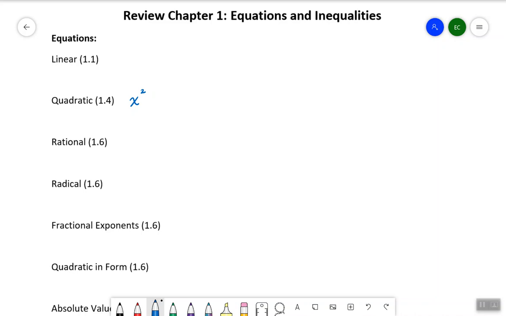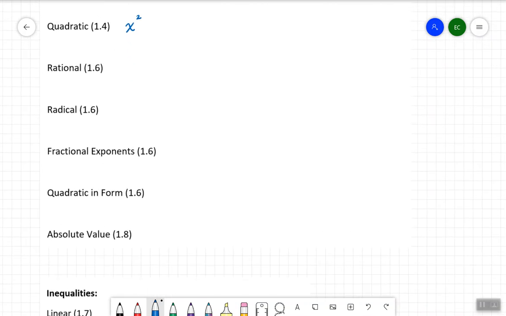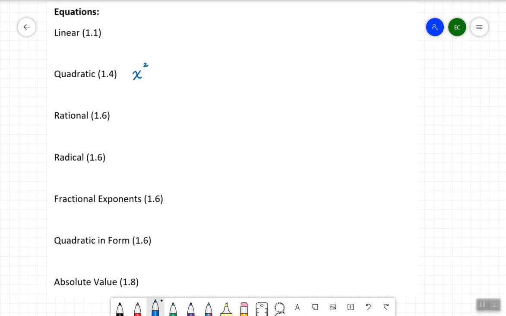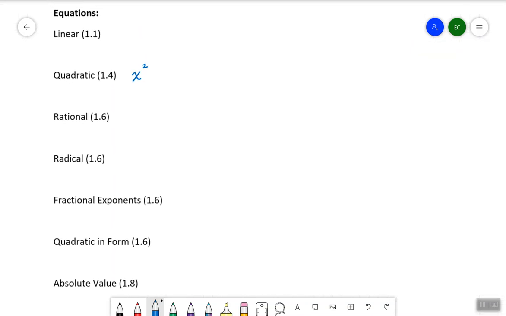I think the example that we did in the video had x to the 4th and x squared in it. And then the last type of equation was an absolute value equation. And we recognize the absolute value symbol in the equation. Okay, so let's back up and let's talk about each of these different types.